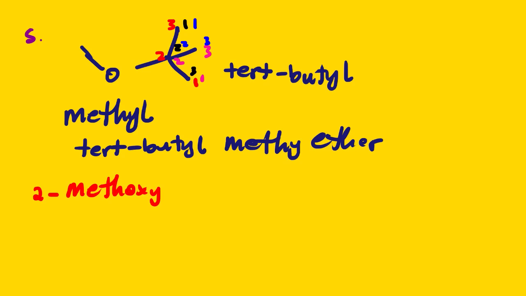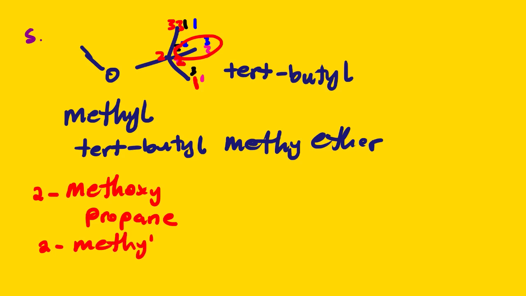And then we know that the parent chain will be propane. We have 1, 2, 3. On the very same second carbon, number 2, we have our methyl. So methyl is on the second carbon.